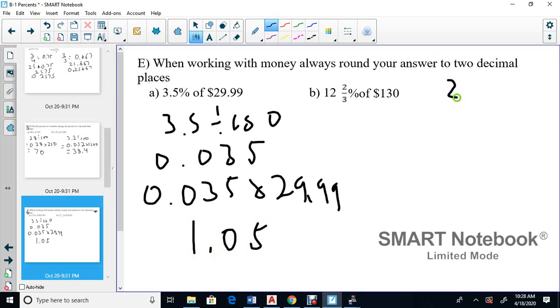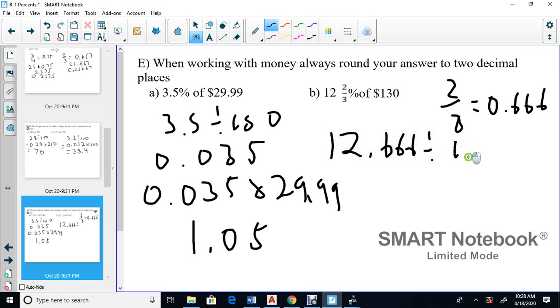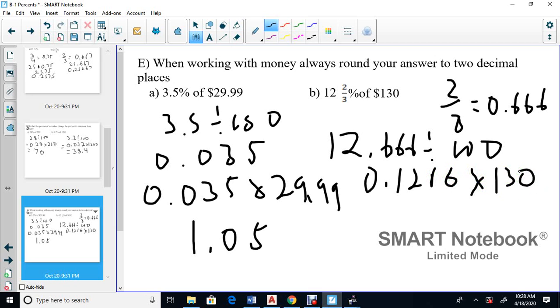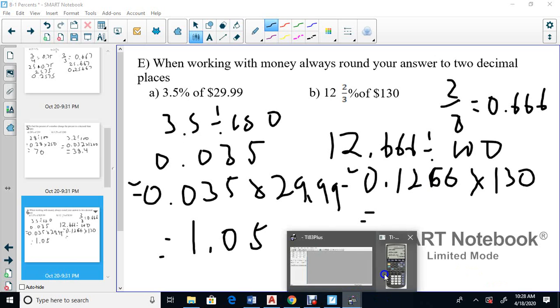Okay, here, 2 divided by 3, you can use your calculator, 0.666. Now you go 12.666 divided by 100, so you get 0.12666, and you multiply that by 130. Now I should put some equal signs in some of these places, so I'll add them. Let's go to your calculator here.